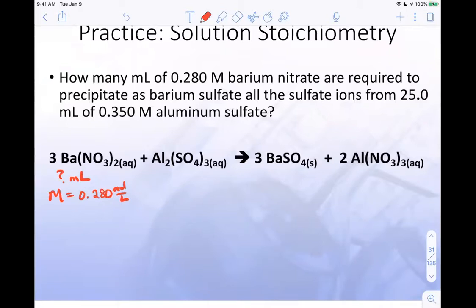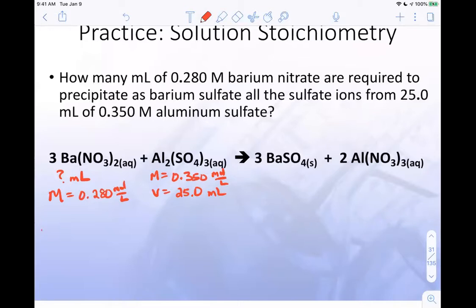And what I know is this total reaction occurs with a molarity of 0.350 moles per liter aluminum sulfate. And the volume that totally reacts is 25.0 milliliters of that. So I want the milliliters of the barium nitrate solution, which happens to be 0.280 molar, that is required to react with all of this aluminum sulfate solution.